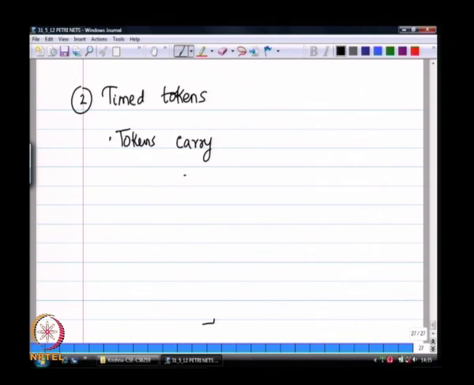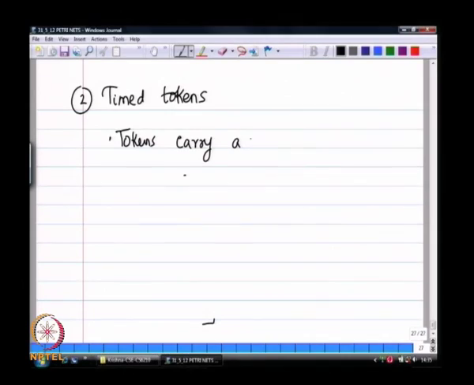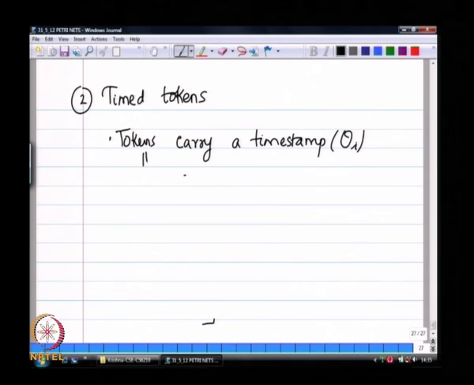So the token can travel, but it has a timestamp implicitly built in, similar to the place, but now the token itself carries the time, and you can update the time on a token as it goes through different places. So tokens carry a timestamp, say theta i, that indicates when they are available for transition.